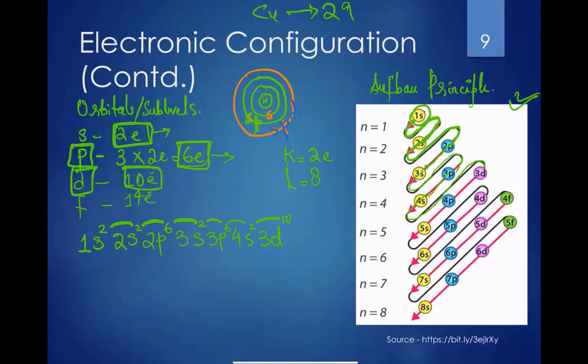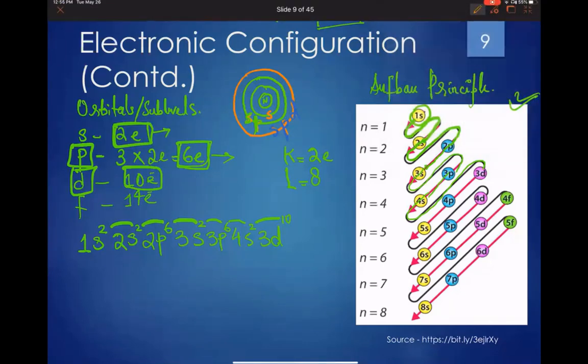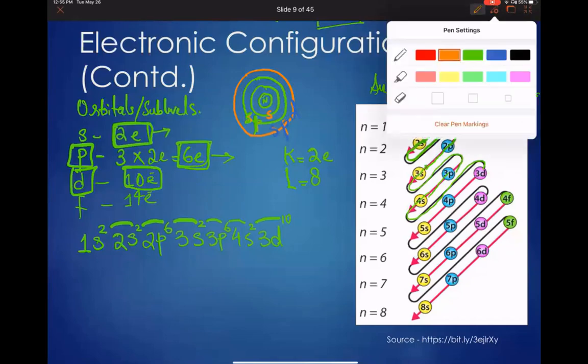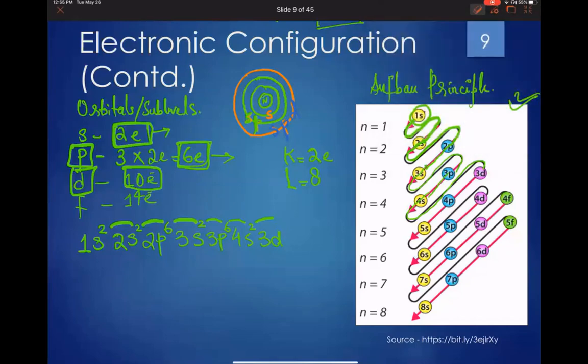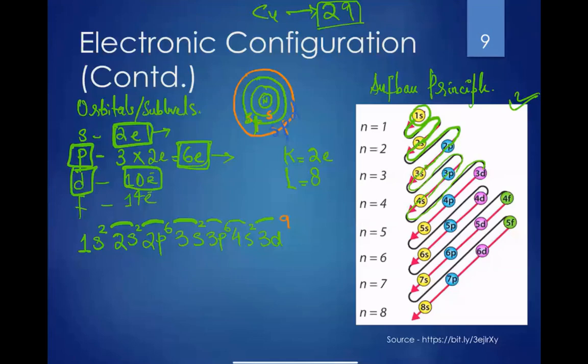Whereas the electrons in copper are 29, so instead of 10, this would be 9 over here, because the number of electrons cannot exceed 29.